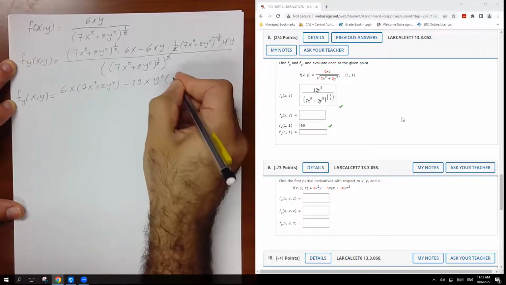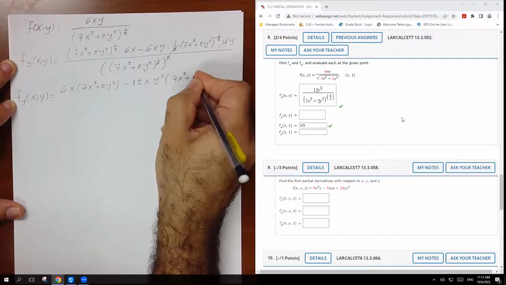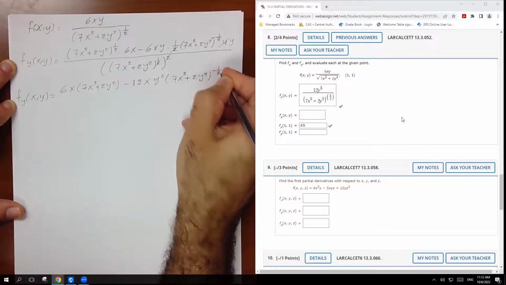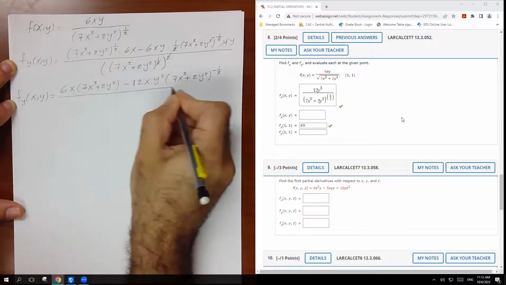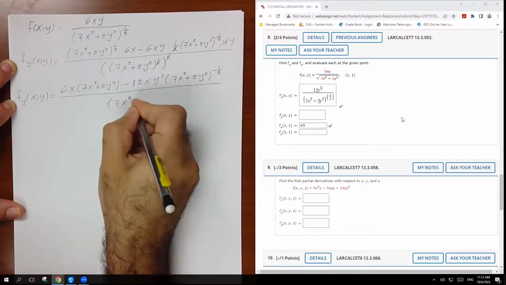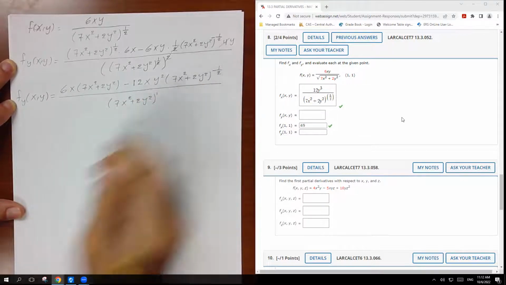And here is 7x squared plus 2y squared to the negative half. And everything is divided by 7x squared plus 2y squared, because it's going to be to the exponent 1.